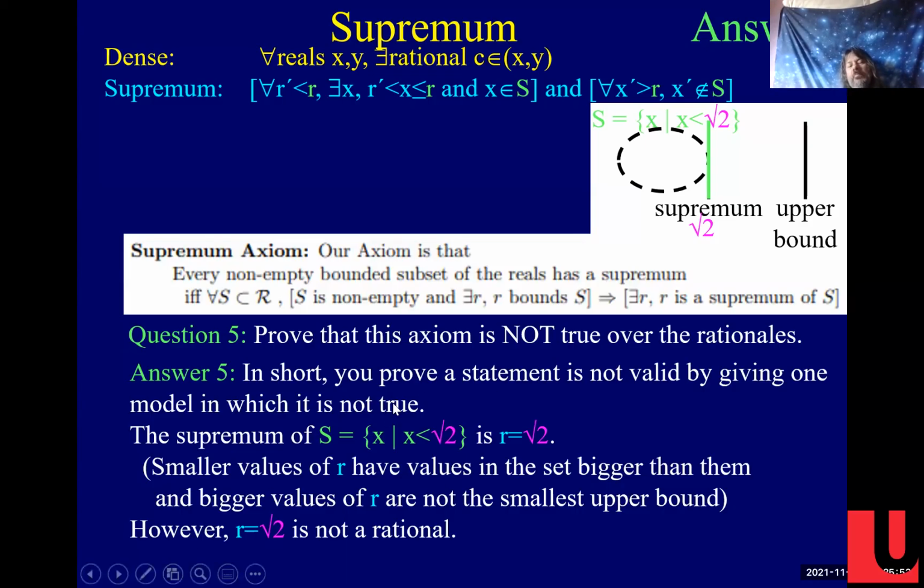I could have put in a parse tree here, which I guess here I'm sort of just hand waving. You'd really have to say why any value of R that's not the square root of 2 fails. So here you can do a parse tree. Let R be something that's different than the square root of 2, and then you can play the game and see why this sentence is not true.